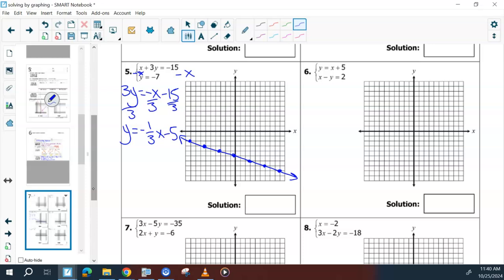Now this other one is thinking back to our foy bucks. Is this going to be a horizontal or a vertical line? Horizontal. So at -7, so this was -5 right here. I'm going to draw a straight line across. Where would that solution be?